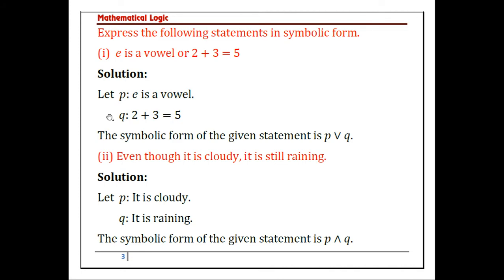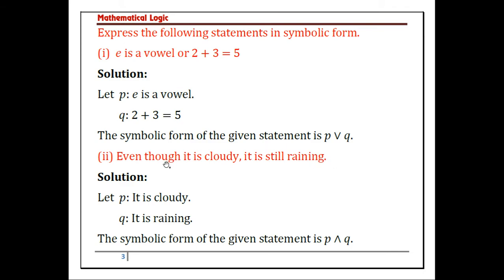Since the word or is used, and the symbol for or is like this one, the symbolic form of the given statement is P or Q. After that, the second statement is: even though it is cloudy, it is still raining.